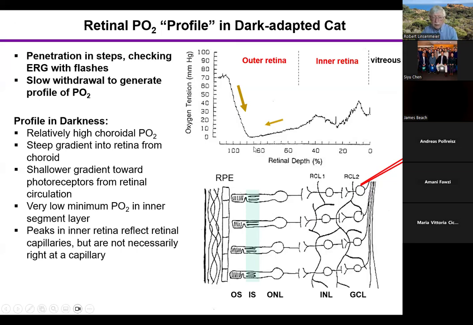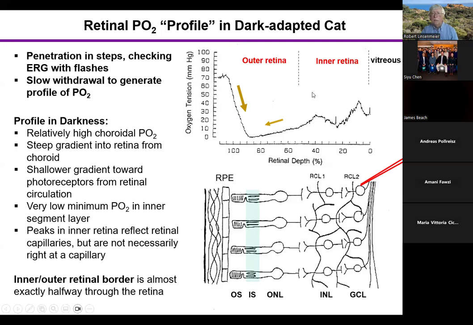That's true in cats and monkeys, at least. These peaks in the inner retina tell us that we're somewhere near a capillary. These are relative sources, but we don't know that we're actually at a capillary because we're in dark adaptation, and we also couldn't see the tip of the electrode even if we wanted to because it's too small.